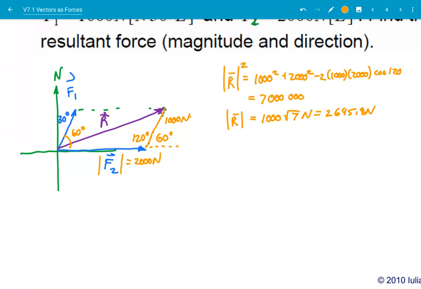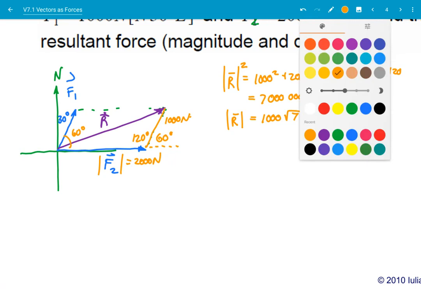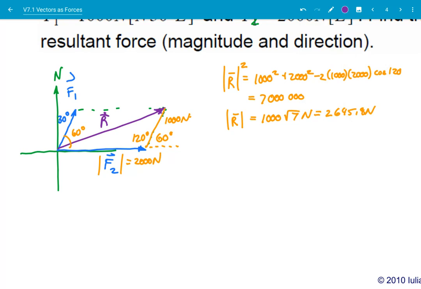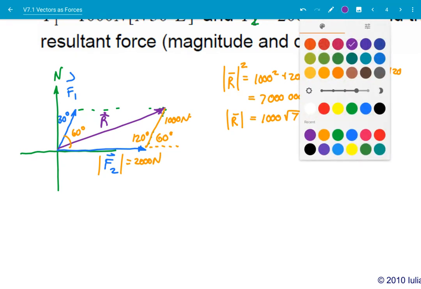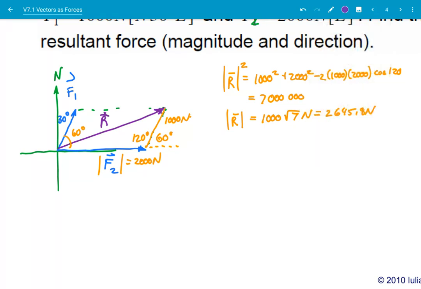Find the direction of the resultant. So, we will want to have compass directions, but to do this, we're actually going to use one that's in the triangle to start with. So let's see, call it alpha right here.